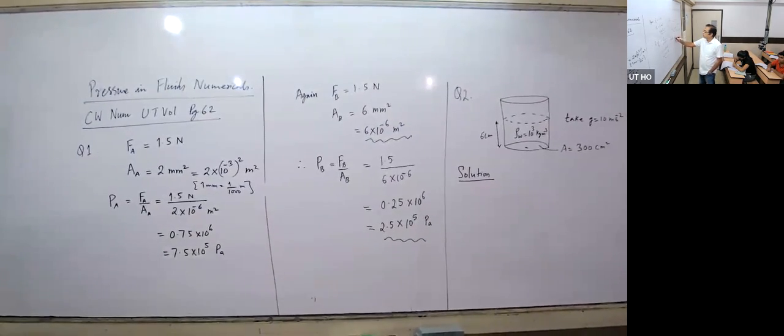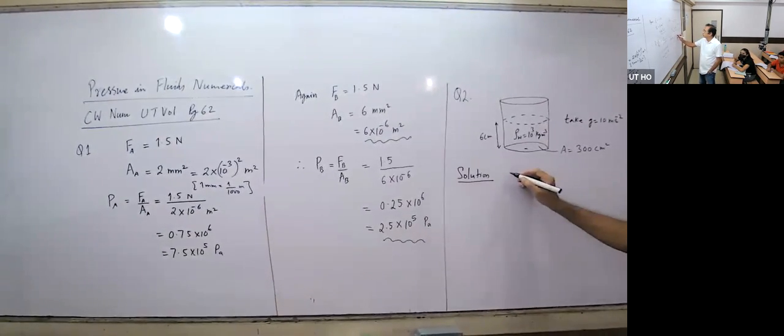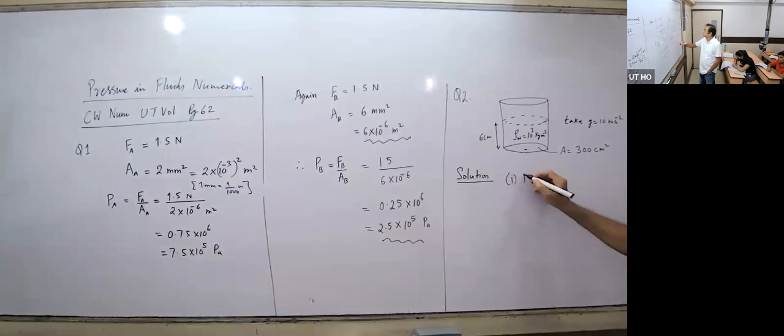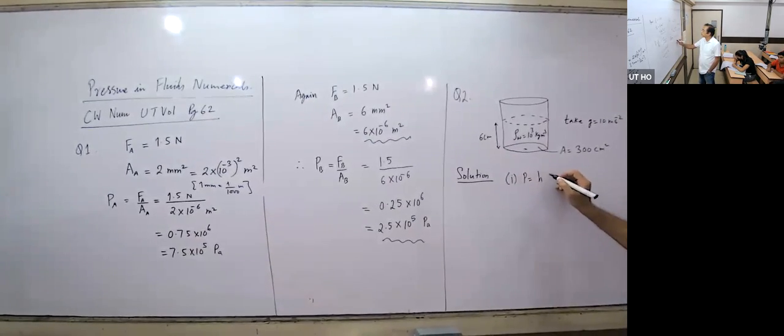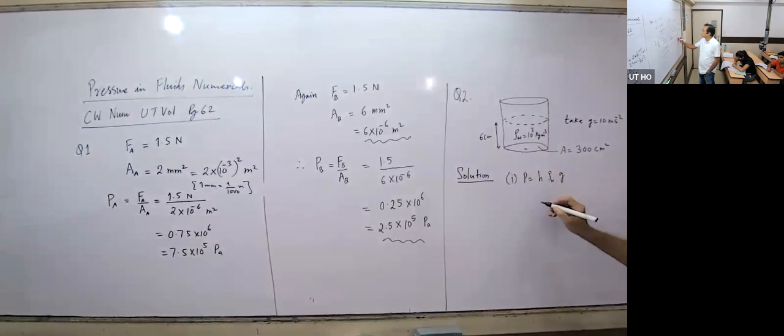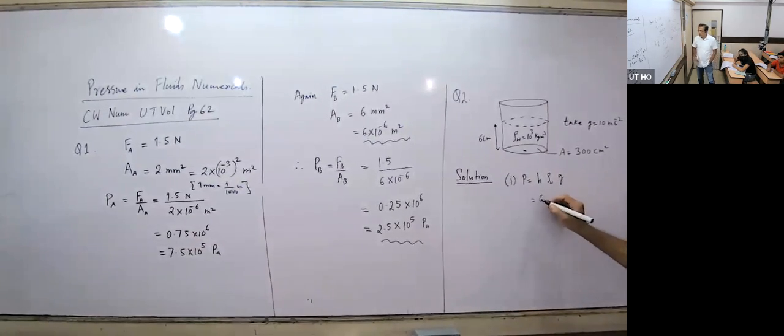The first part, P is equal to h rho g. So h is 6 centimeters, so 6 into 10 raised to minus 2. We convert everything into SI, okay?